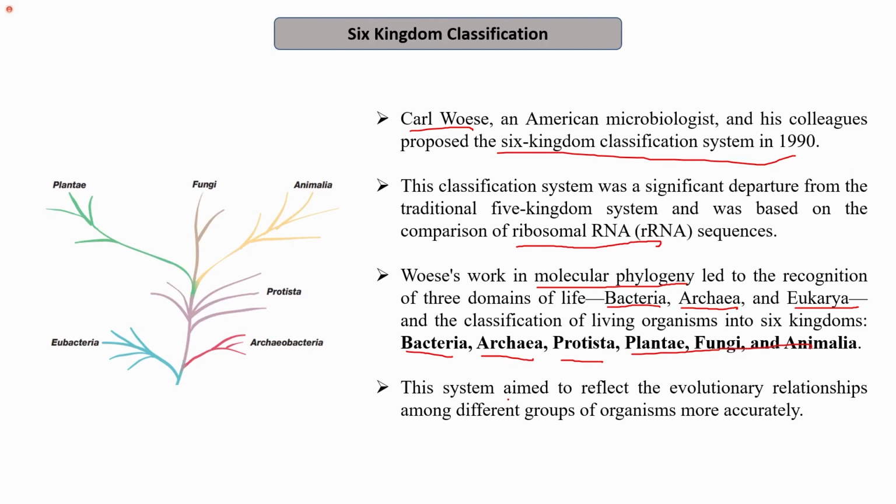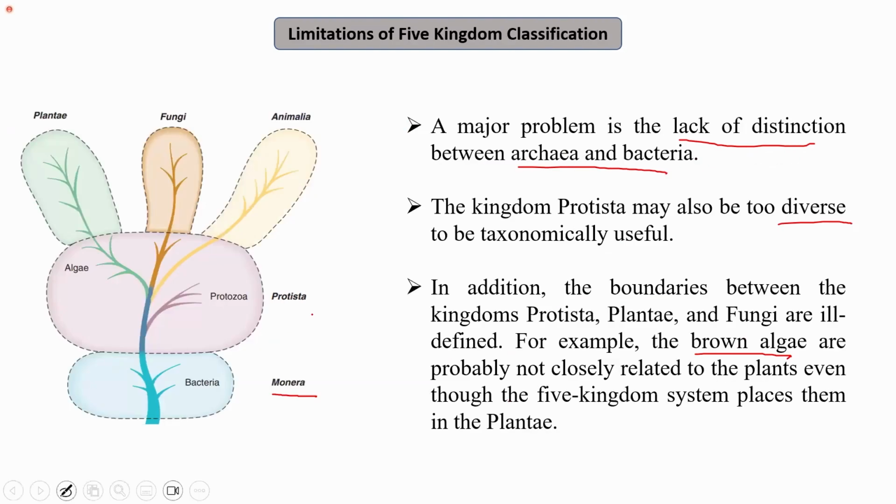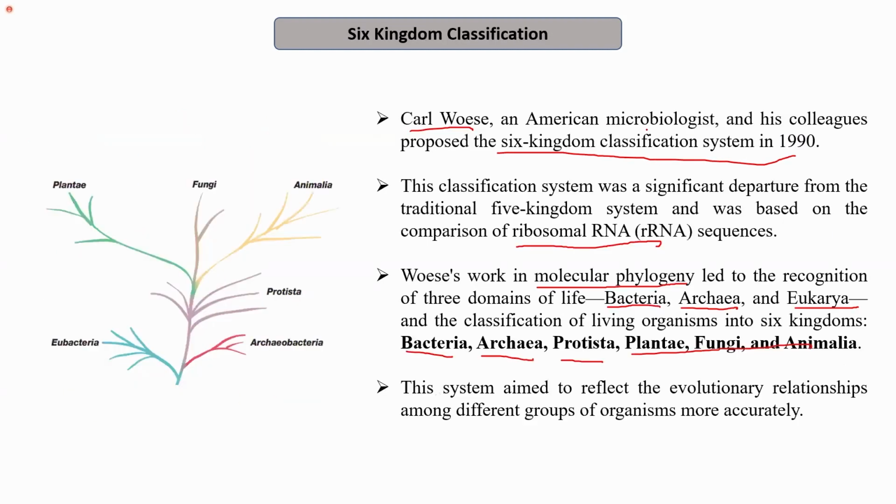Unlike the 5-kingdom classification proposed by R.H. Whittaker, where both bacteria and archaebacteria were put into the same kingdom, which is the monera, the 6-kingdom classification put them into 3 domains, which are bacteria, archaebacteria, and eukarya. And these domains were further divided into the kingdoms, that is bacteria, archaebacteria, protista, plantae, fungi, and animalia.